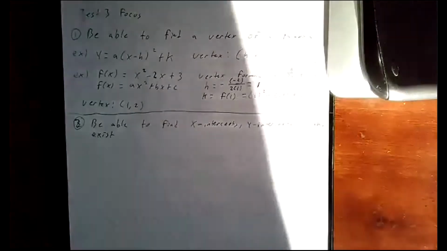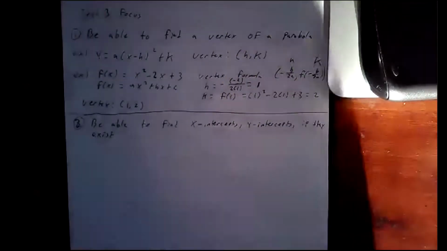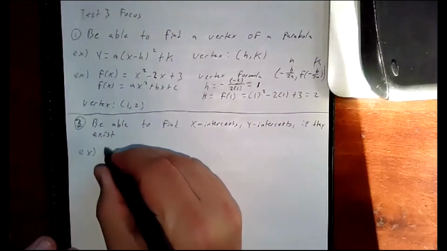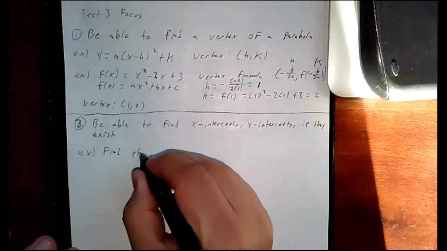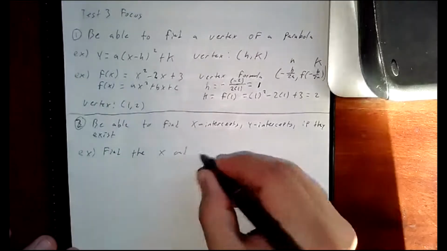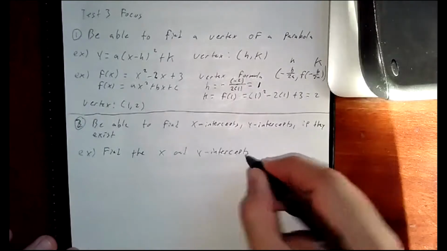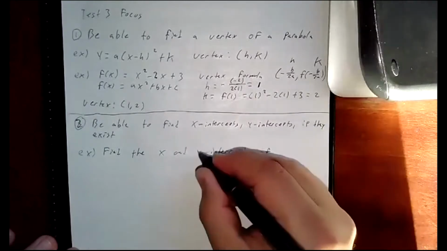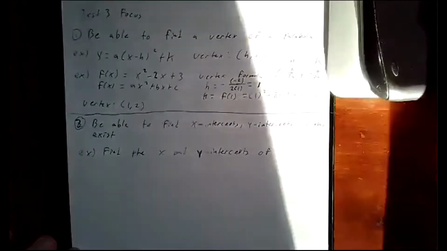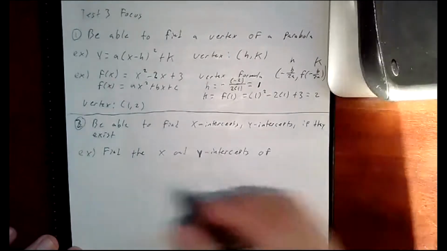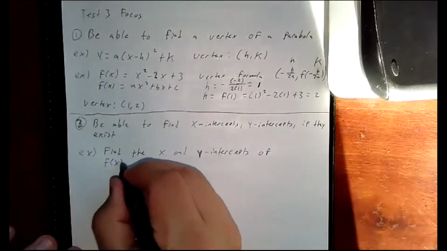So for example, maybe we can use that last one to help us out. Yeah, let's use that guy. For example, find the x and y intercepts of this equation here, this function.